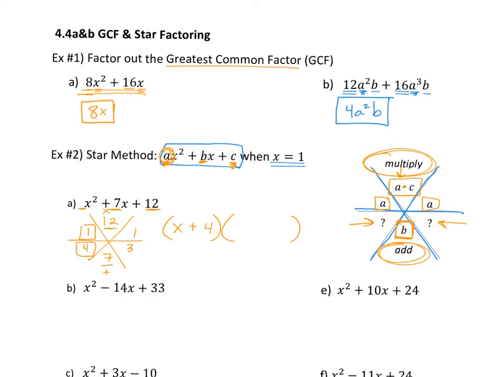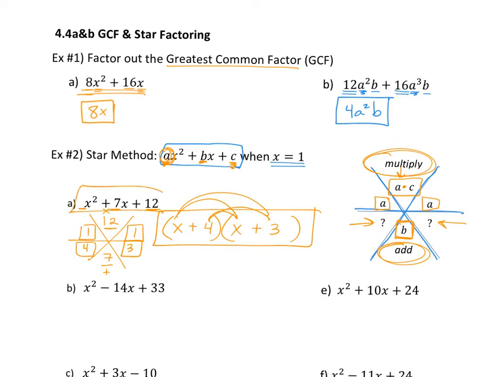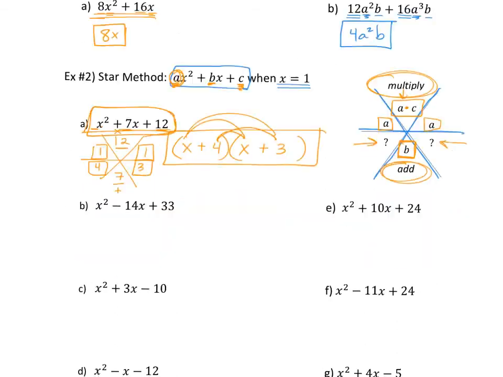So this is x plus 4. And then this one, 1x plus 3. And that is what they would factor to. Notice if I were to FOIL this, first, outer, inner, last, I would get this. So then I know I have the correct answer. Okay, let's try it again.